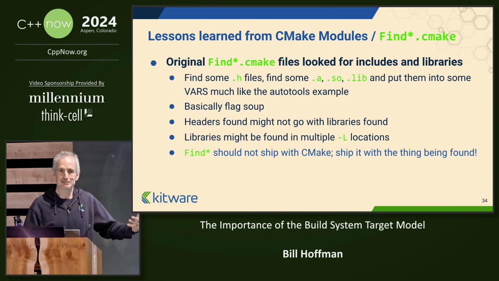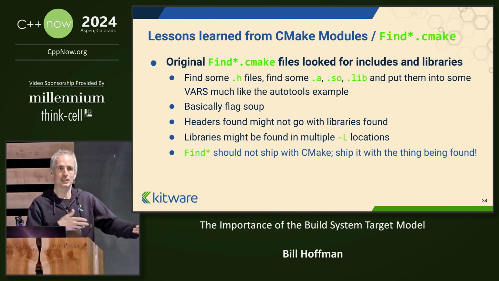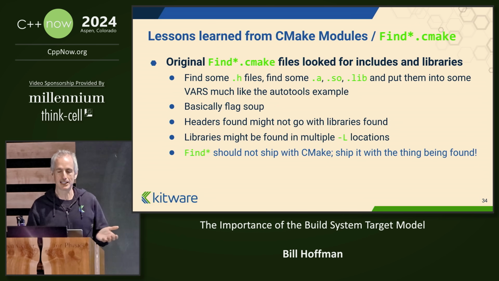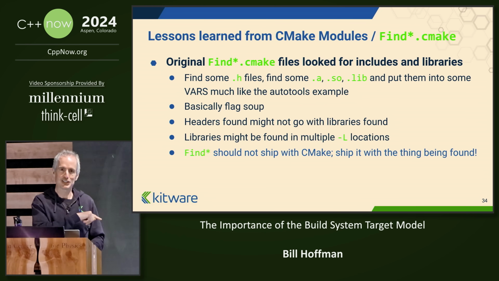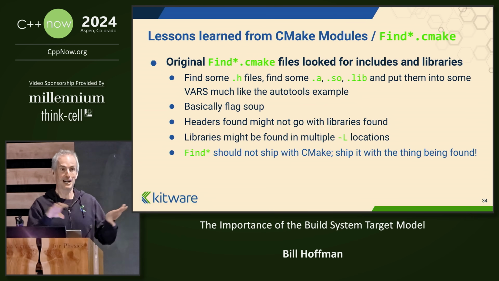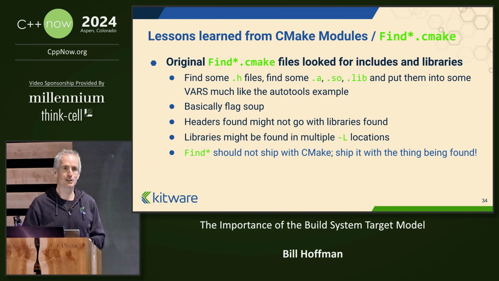It found the files, linked them, but it still didn't link everything together. Headers might not go with libraries. Libraries might be in multiple locations. CMake used to have something that could actually scan through your -L paths, and it would report if it saw one of the libraries duplicated, like, hey, warning.